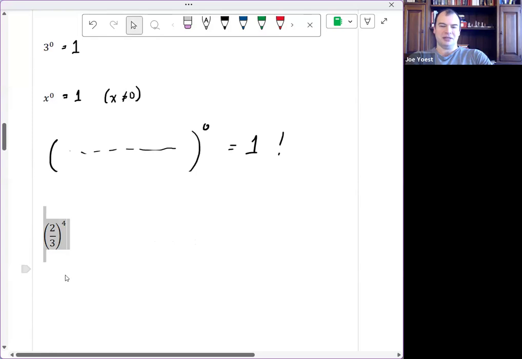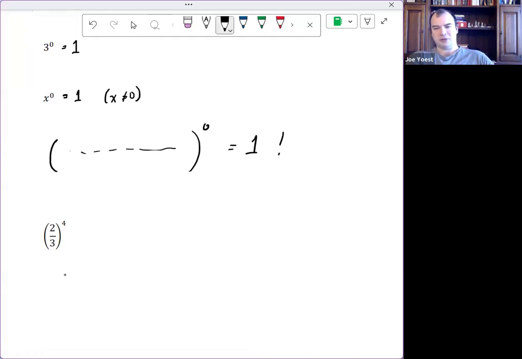All right, so what about something like this? 2/3 to the 4th power. I have a distributive property of exponents over multiplication. Let's say x times y to the a equals x to the a times y to the a.